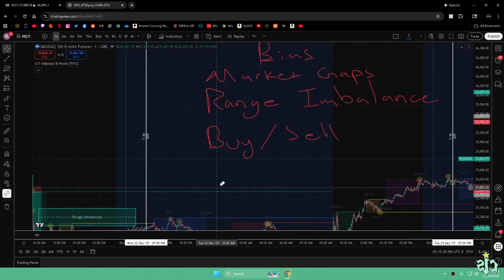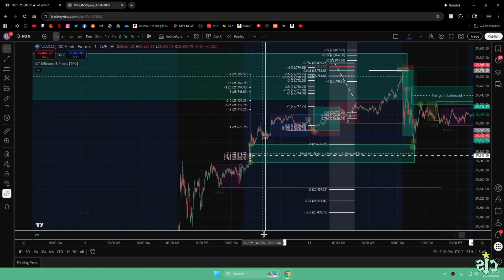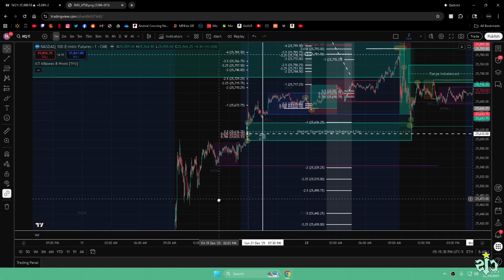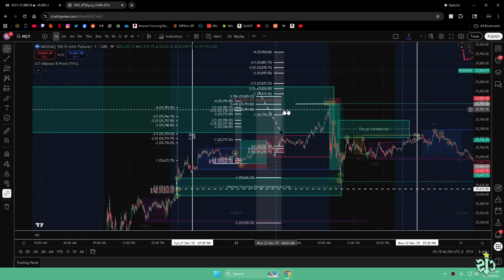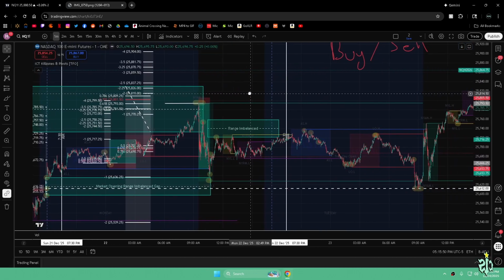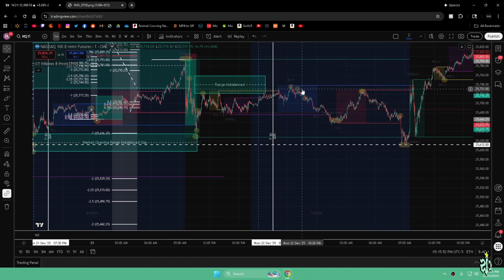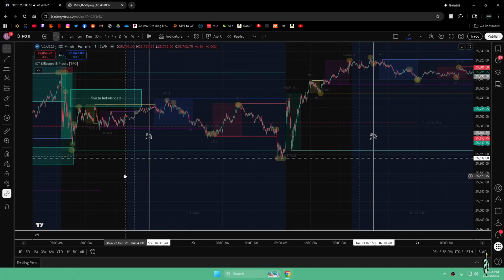Like I said earlier, Monday, we were already pushing up last Friday, so our closest draw would be this gap. So that's why I was bullish for Monday. And then for Tuesday, I was bullish until we filled this gap, right?